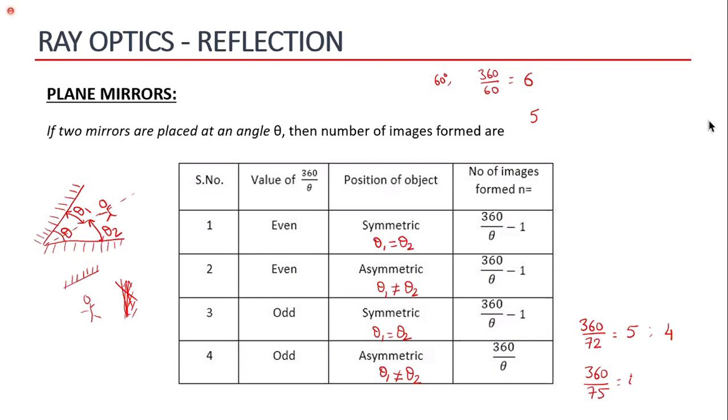Yes. So whenever it is 4.8, 4.9, 4.6, 4.4, 4.3, whatever it is, the number of images formed is 4. Point values make no sense, no? Sir, should we not write 5? No.